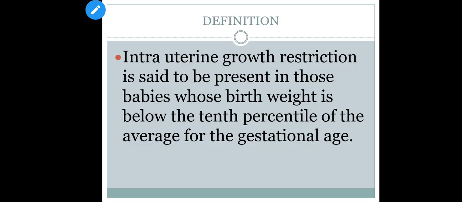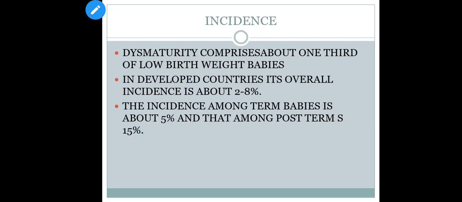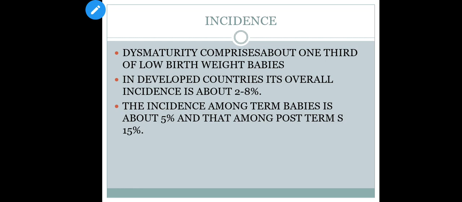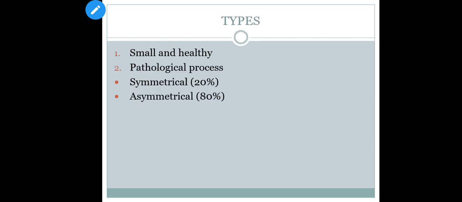When there is intrauterine growth restriction, it is said to be present in those babies whose birth weight is below the 10th percentile of normal babies of the same gestational age. Incidence is 2 to 8% in developed countries; among term babies it is about 5%, among post term 15%.